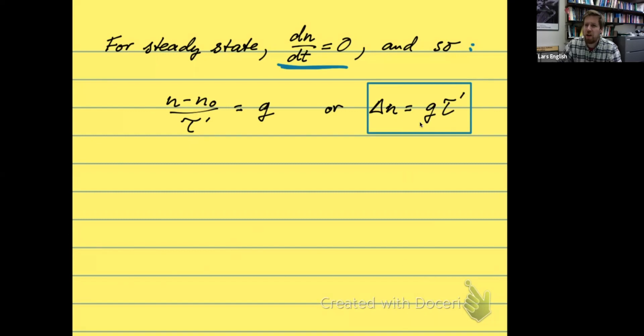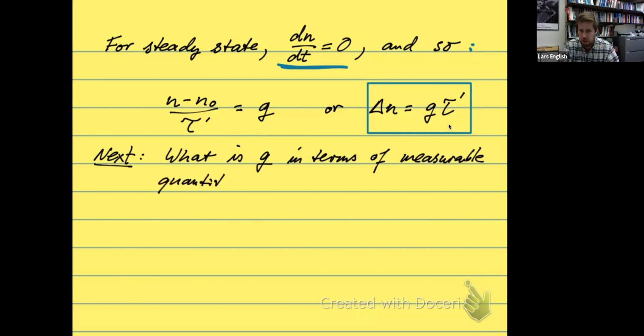So the G here relates back to the production due to a photon absorption, and then the tau prime relates back to the disintegration or the recombination of those electron hole pairs. Well, that's an interesting formula right there.